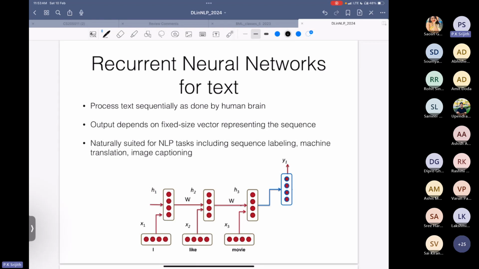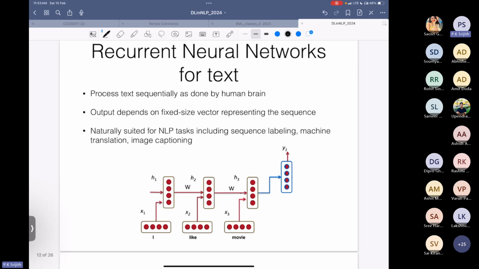Okay, and this is in a nutshell how you can think of a recurrent neural network working. The recurrent neural networks consider the different words in a sentence in a sequential manner, one after the other, maintaining a hidden representation for each of the words it sees in the sequence.